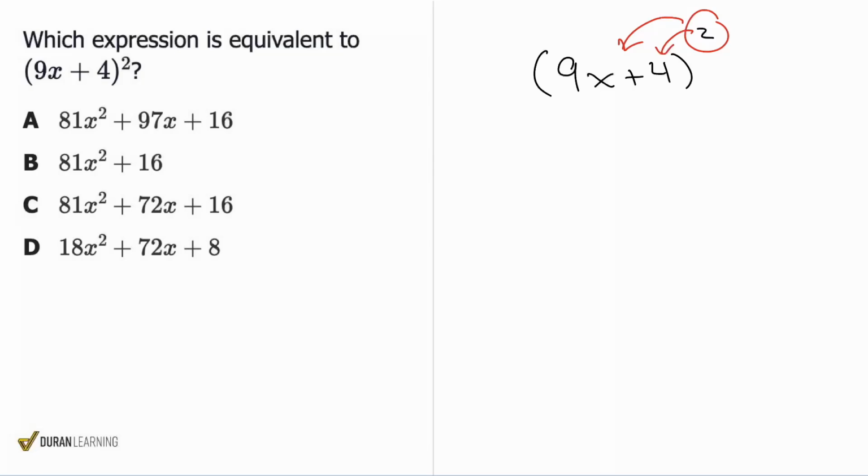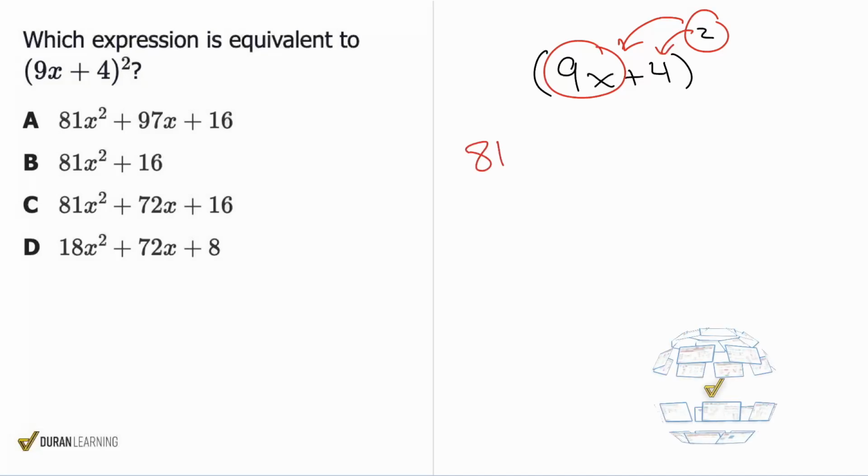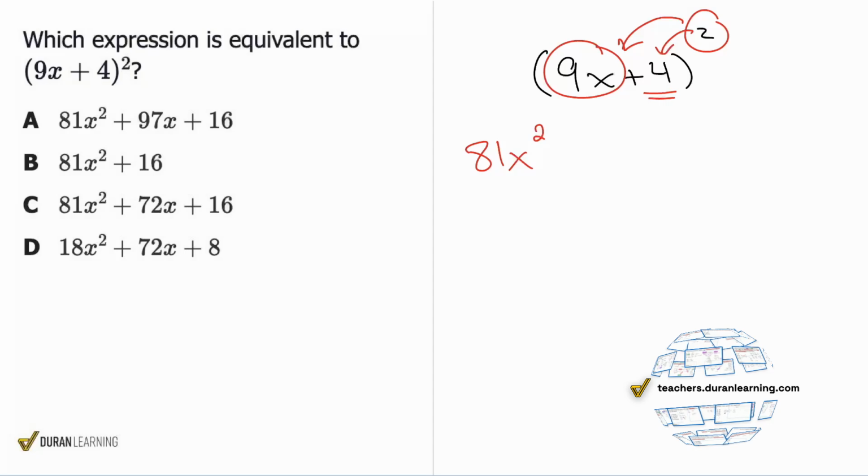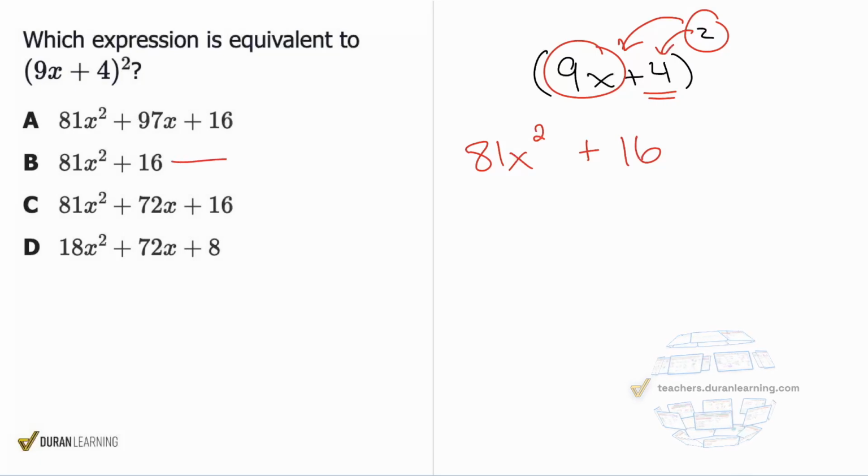You're going to think that we have 9x all squared, so 9 squared is 81, 9 times 9, and then x times x is x squared. And then you might think, okay, 4 squared, that's 16. You might think that's the correct answer, answer choice B, but no, that's not what's going on.